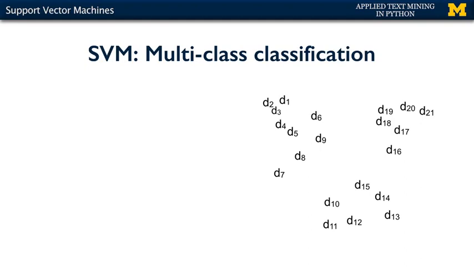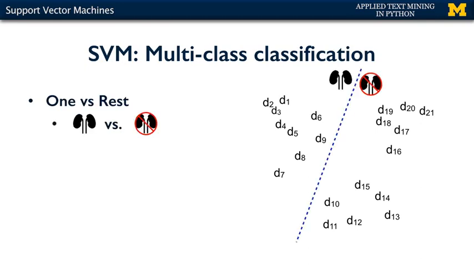One is called one versus rest, where you are learning binary classifiers between one class and all the other classes together. For example, this is the classifier between nephrology and all documents that are not nephrology. Assume that D1 to D9 are all nephrology documents.